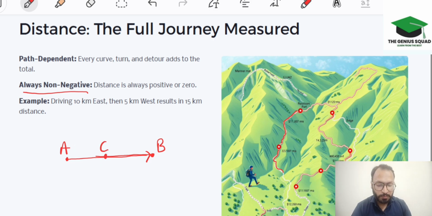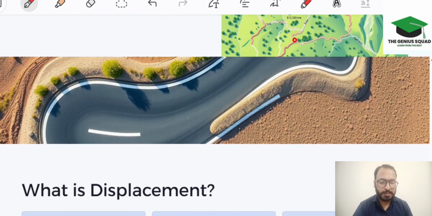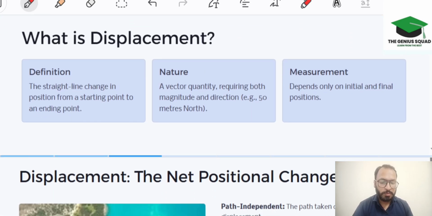First you went from A to B, plus you went back from B to C. That means your total distance will be 15 kilometers. So this is distance. Now let's talk about displacement.